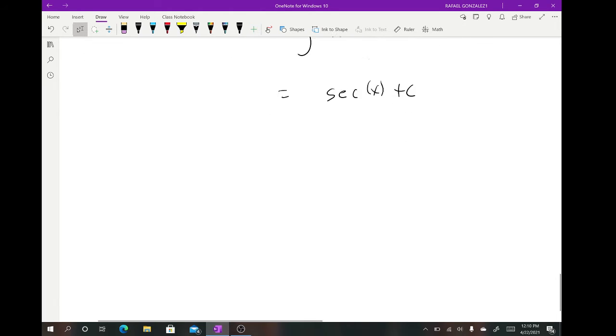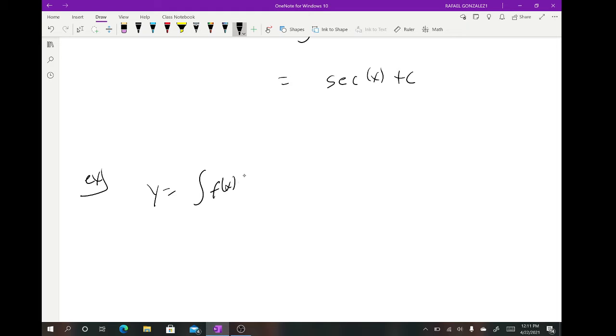All right. So sometimes, so far we have seen that the equation y equals the integral of f of x dx has many solutions. Because of that plus c, we know that there's infinitely many antiderivatives. Now, it is actually possible to find a particular solution.